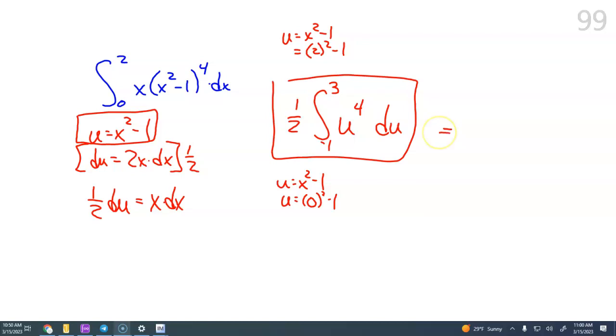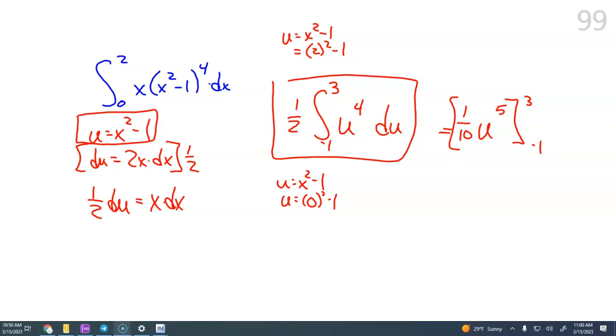So integrate. Add 1 to the power, multiply by the reciprocal of the new power. What's the reciprocal of 5? 1/5 times the 1/2 in front is 1/10. You'll have from negative 1 to 3. And then do we remember what to do with those?